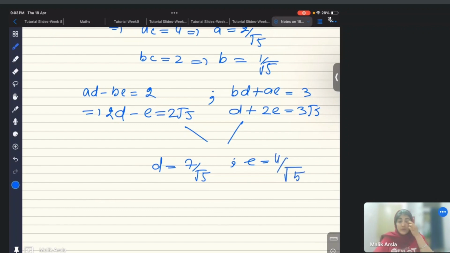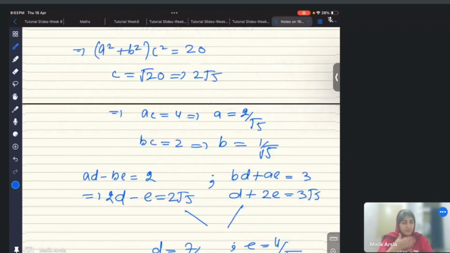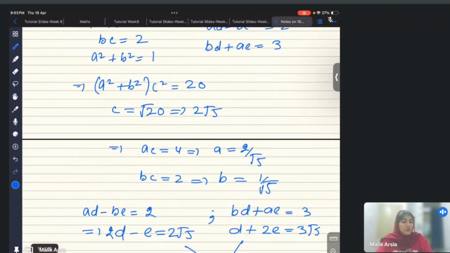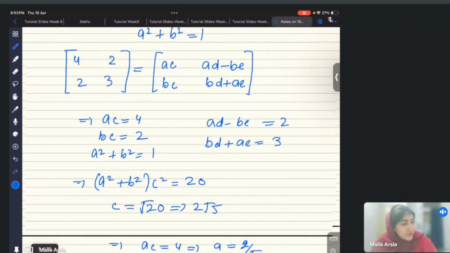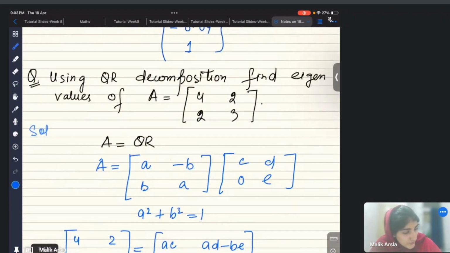Now we have basically found the values of the Q and R matrices. Let me call it A is equal to Q1 R1.